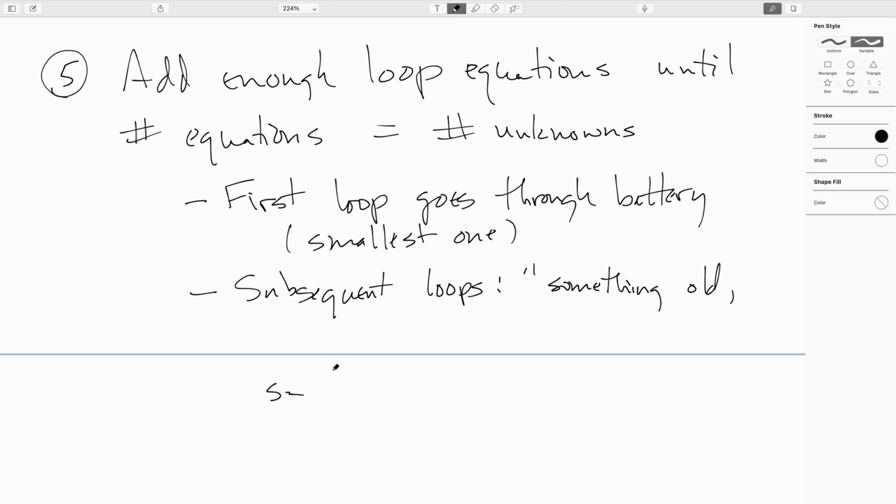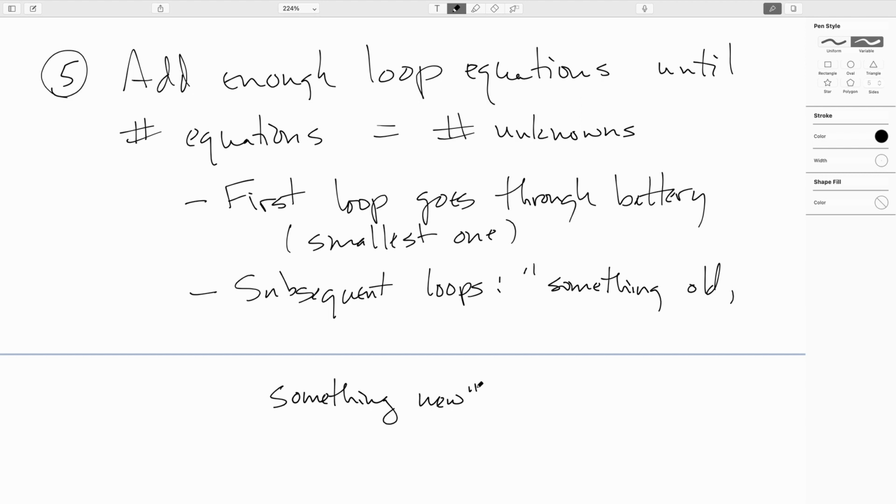So what do I mean by that? What I mean is that any additional loop that you draw must go through something you've gone through before and something that you have not gone through before.